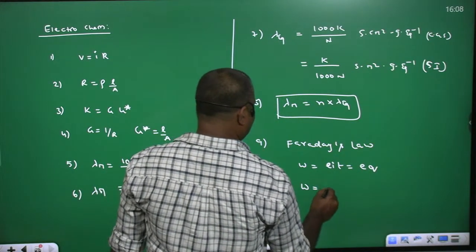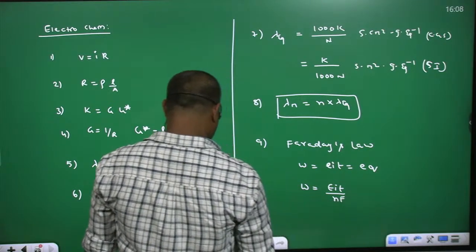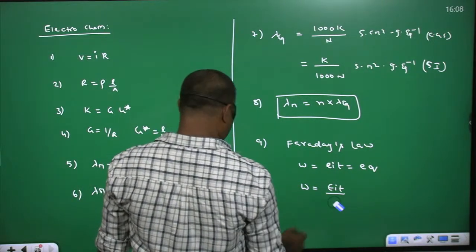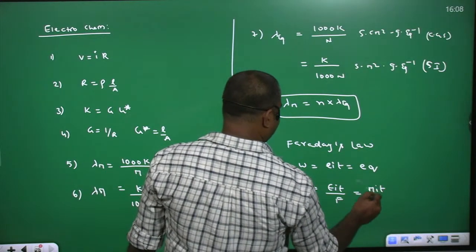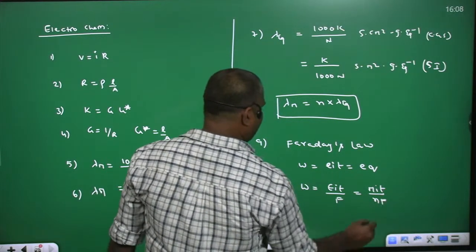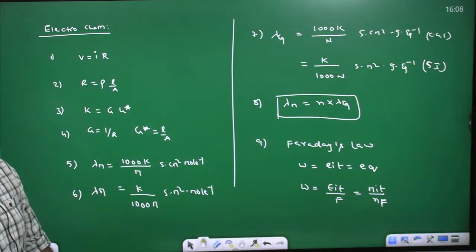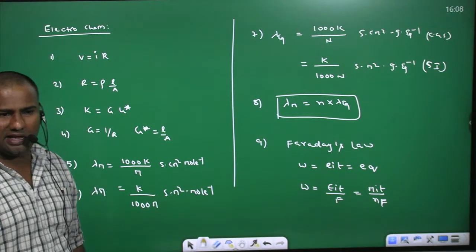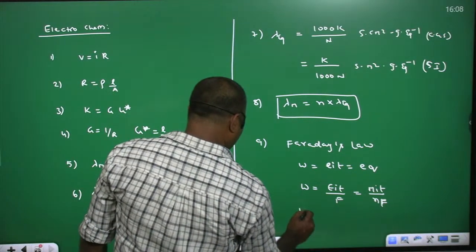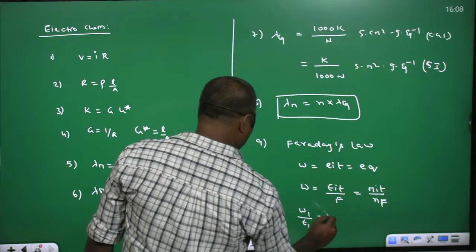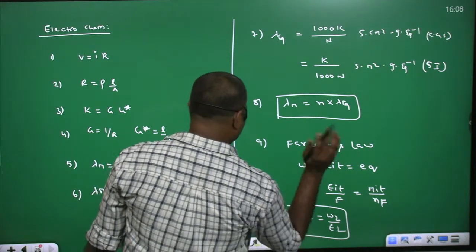Otherwise, you can write W equal to EIT by F, or MIT by NF, where M equal to molar mass, N equal to N factor, F equal to Faraday, I equal to current in amperes, T equal to time in seconds. For second law, you can write W1 by E1 equal to W2 by E2. This is second law. This is first law.